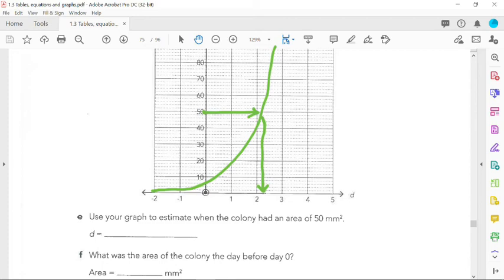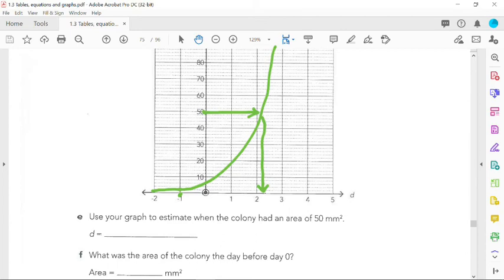What is the area of the colony the day before day 0? Well, if it's doubling every day, 2 to the power of -1. So it's right here where -1 is the day before 0. You just need to read this value from your graph.